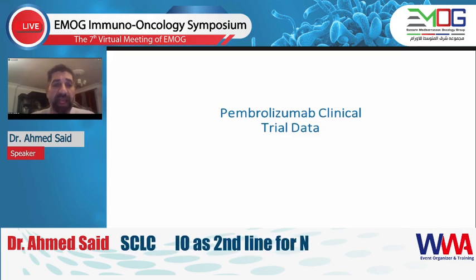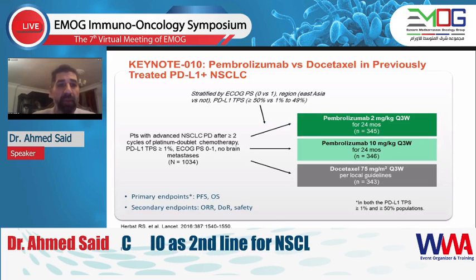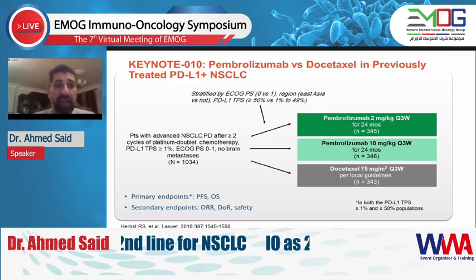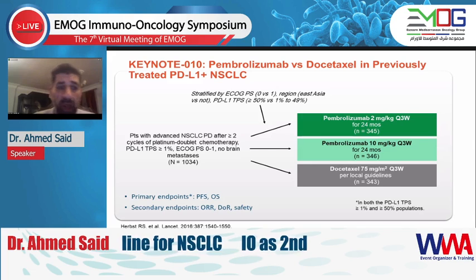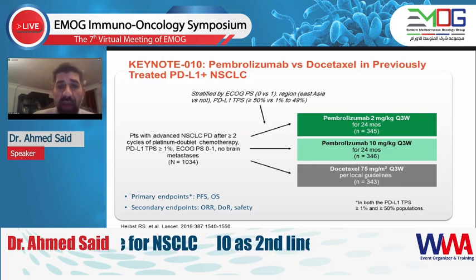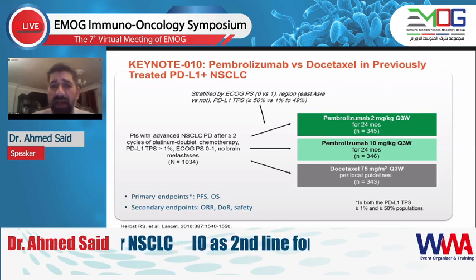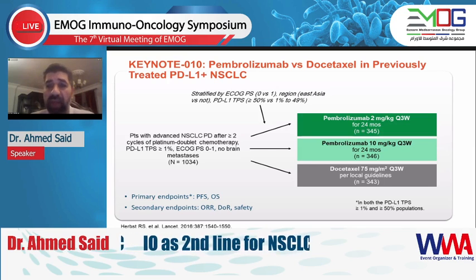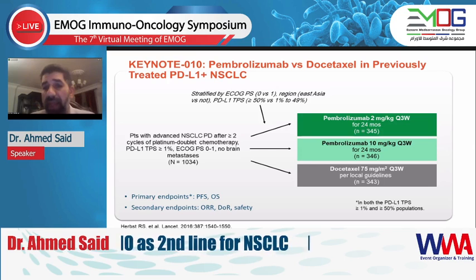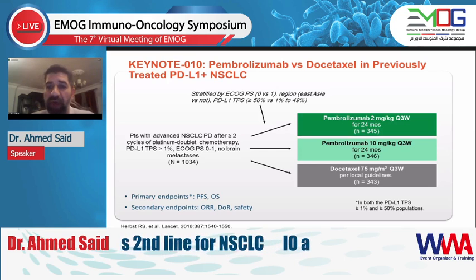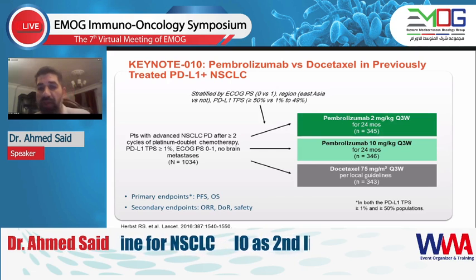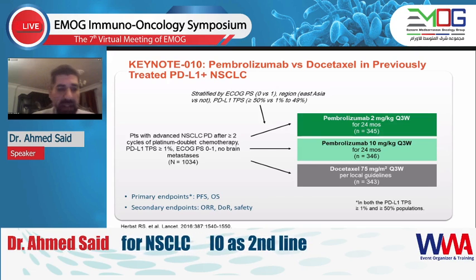And coming to the second molecule, pembrolizumab, we have the KEYNOTE-010 randomized trial of pembrolizumab versus docetaxel in the second-line setting for non-small cell lung cancer. In all histologies, there were 2 doses of pembrolizumab, 2 milligram per kg every 3 weeks and 10 milligram per kg every 3 weeks for 24 months, and docetaxel at 75 milligram per meter square every 3 weeks until disease progression.